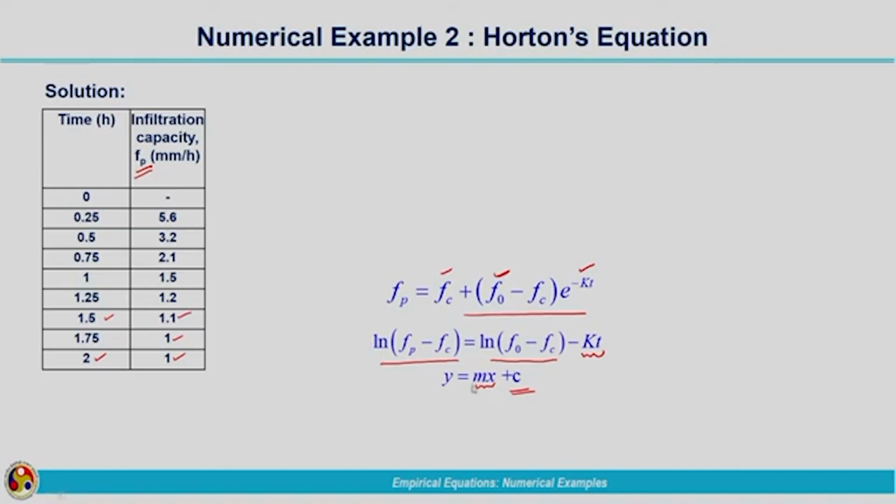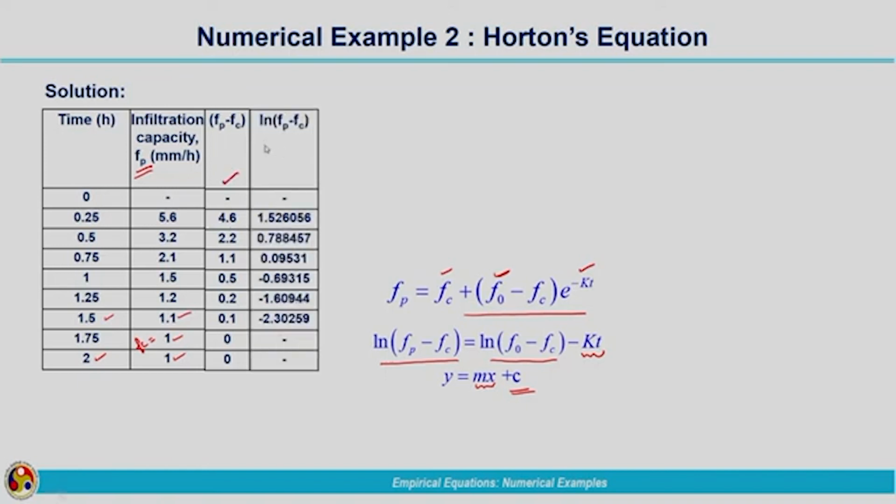Let us see how the values are coming. So, here fp minus fc, we have seen it is our y. So, fp minus fc is calculated, where our constant rate of infiltration fc is nothing but 1. With these values we are subtracting our steady state infiltration value, and those values are listed here in this table.